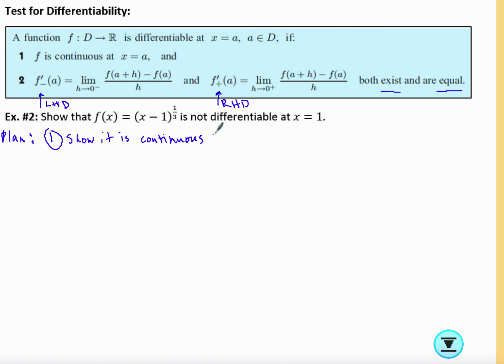Number 2, you're going to find the left-hand derivative. Number 3, you're going to find the right-hand derivative. And last step, we're going to show that the left and the right-hand limits exist and are equal.